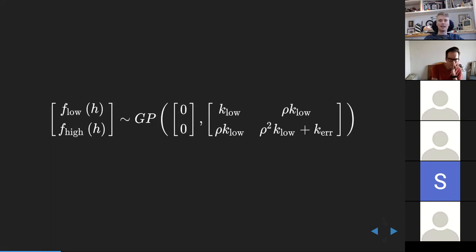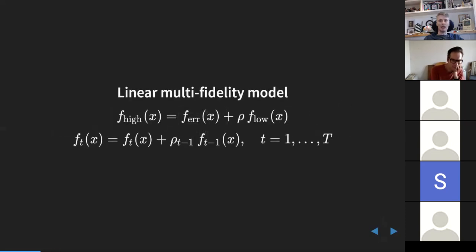So if we just look at this and ask what the covariance function for the high fidelity is, it's going to be the covariance function for the error plus the covariance function for this term here, the rho times F low.